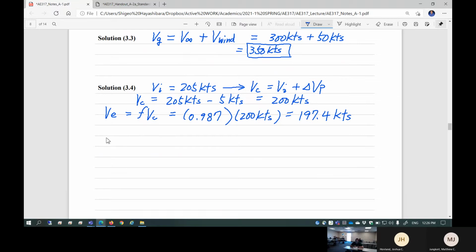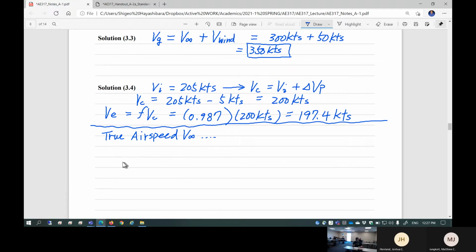True airspeed we want. Next step, true airspeed, V infinity. Usually you can never get it unless you are given extra information, in this case, OAT, outside air temperature. You need to have that.